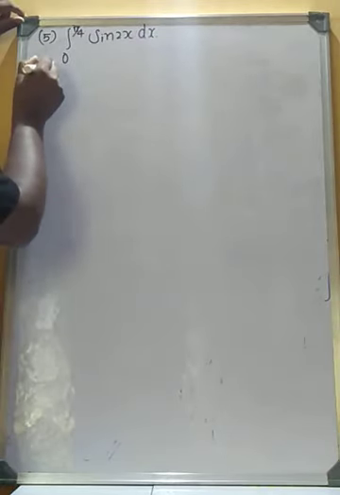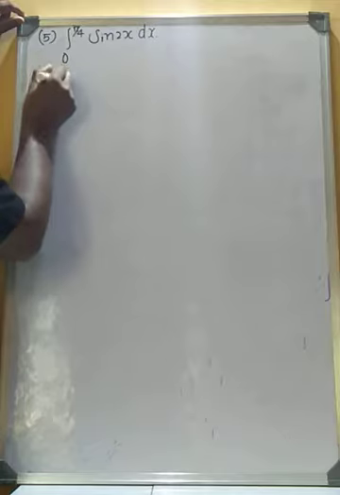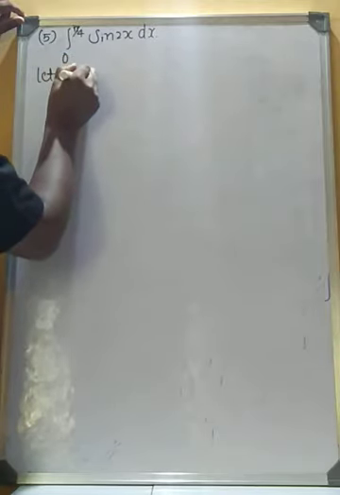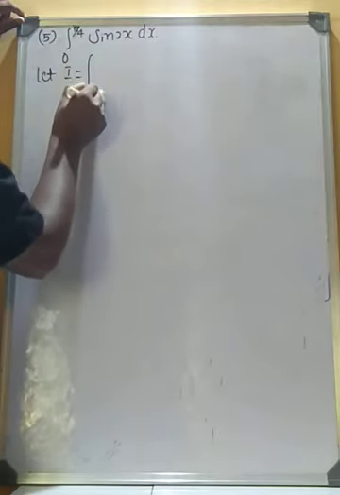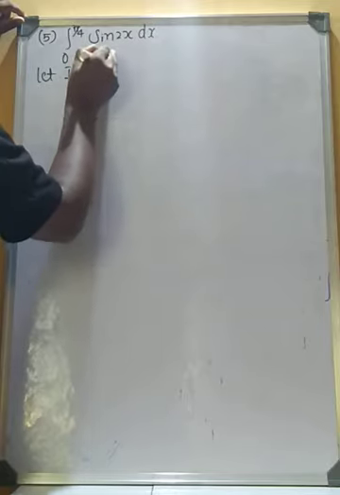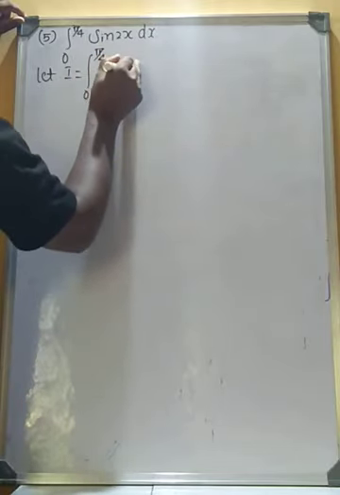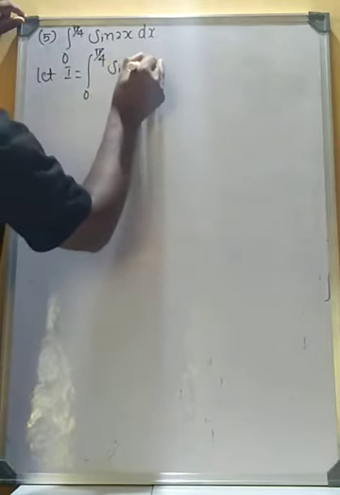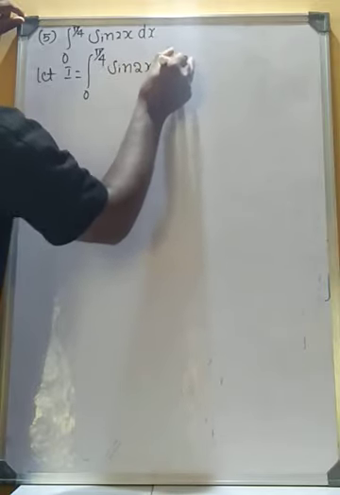So let I equals integral 0 to pi by 4 sine 2x into dx.